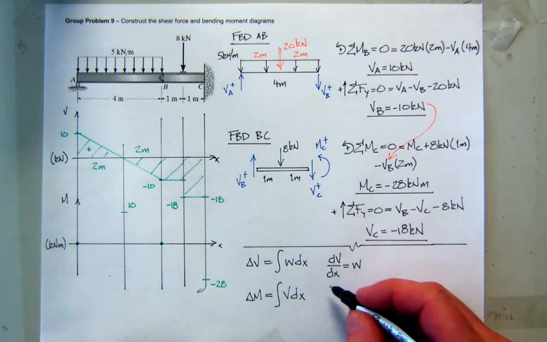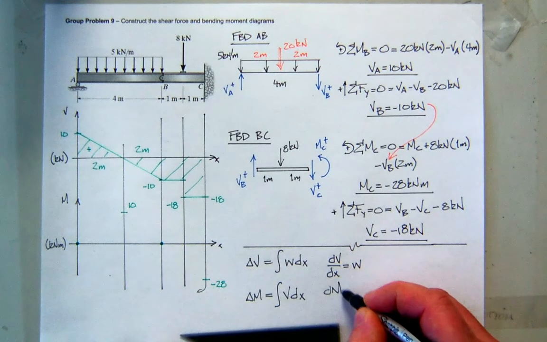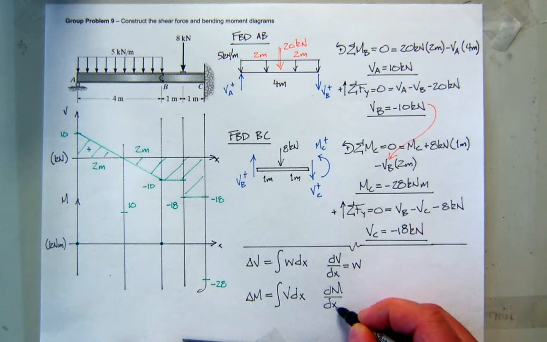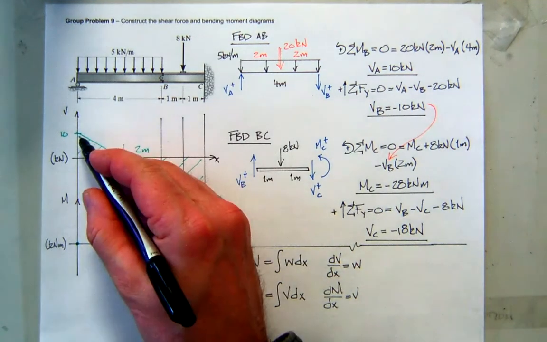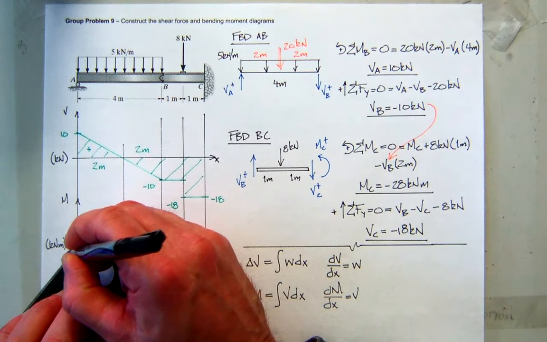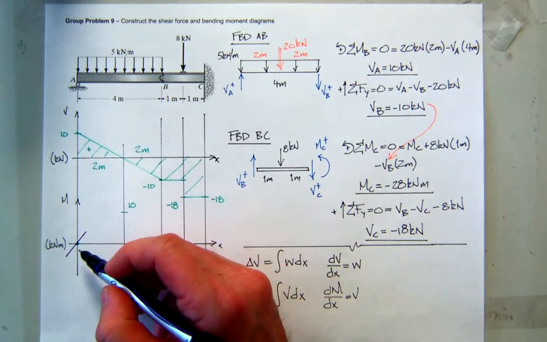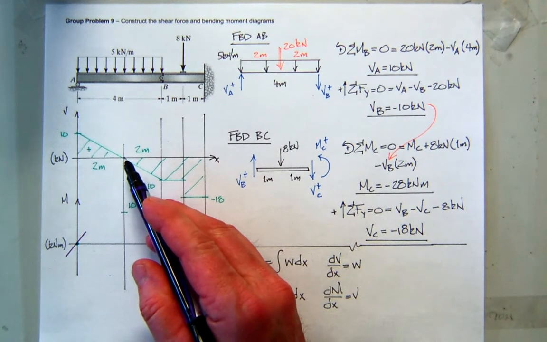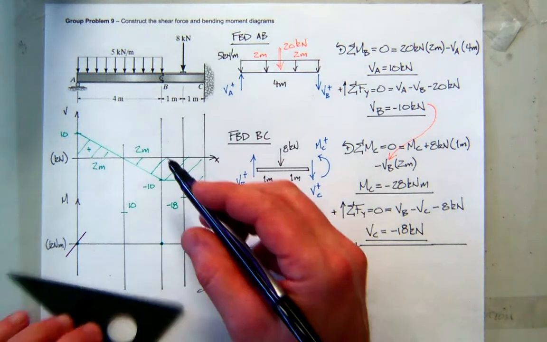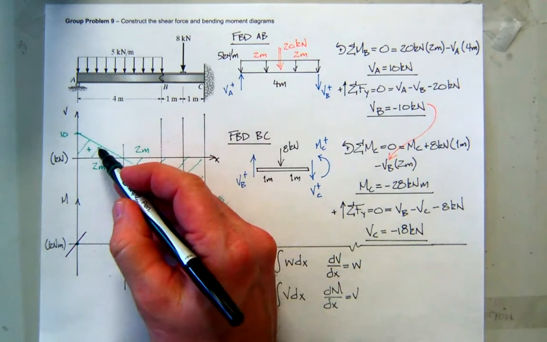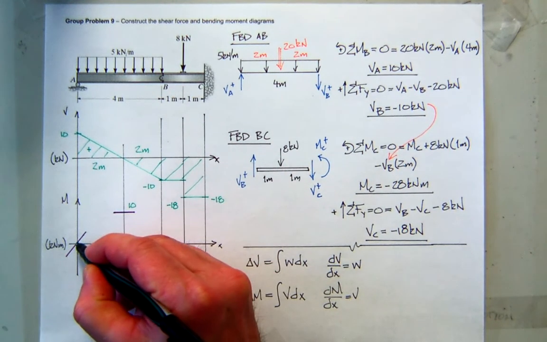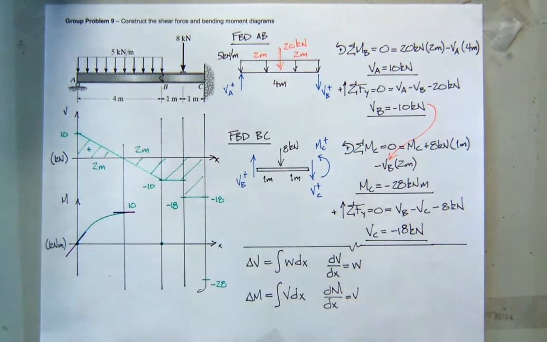Remember, our relationship says that the slope of the moment diagram is equal to the shear. So what is the shear at A? It is positive 10. So I'm going to start off with a positive slope, and it's going to decrease to a value of 0. So this is 0 slope. The shear is a linear curve, so this should be a quadratic curve. So I'll draw a parabolic shape in there.